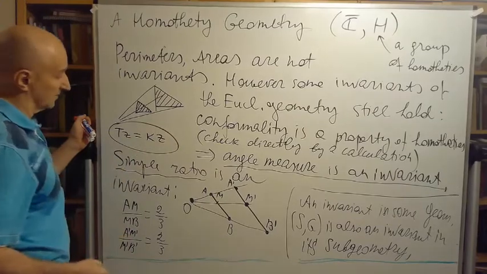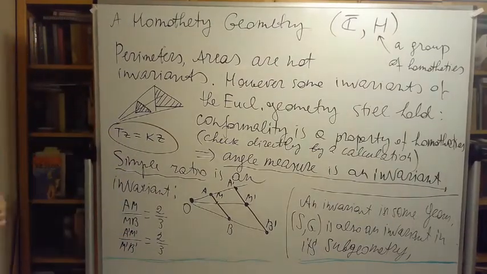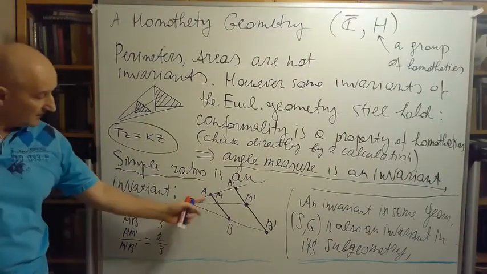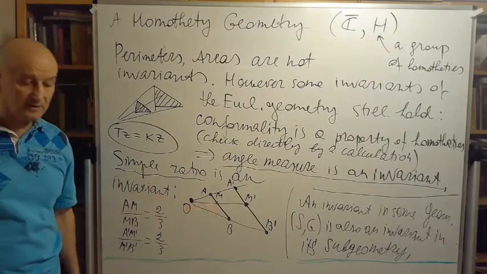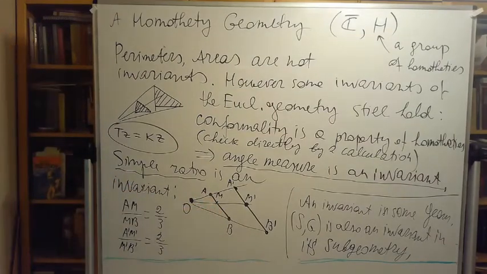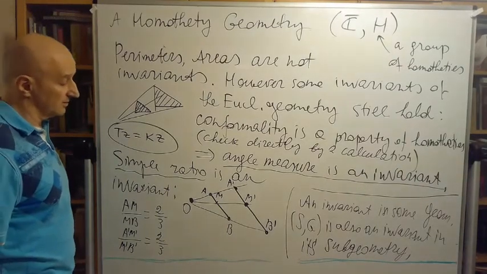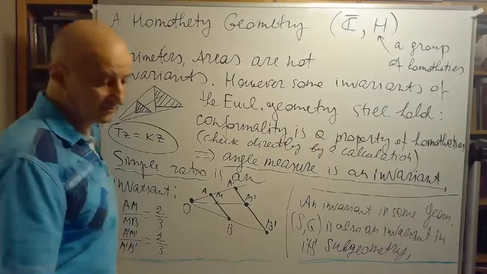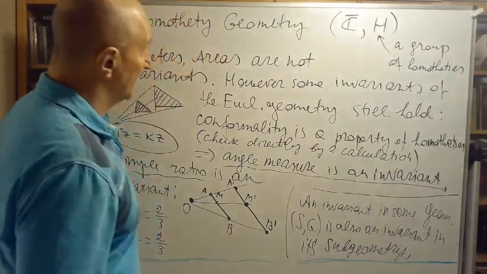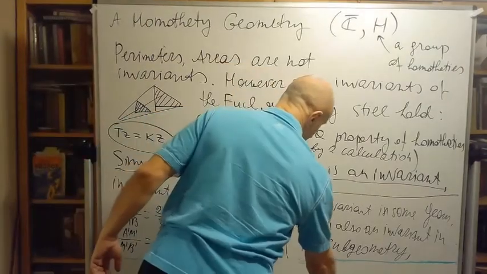You can check that the ratio of these distances will hold, and it is an interesting invariant. We will deal with it even more. This invariant holds even in a much bigger geometry that contains Euclidean geometry, and we will talk about it. What else should we talk about here?